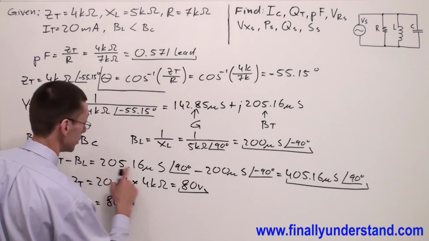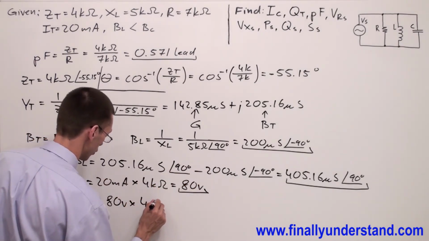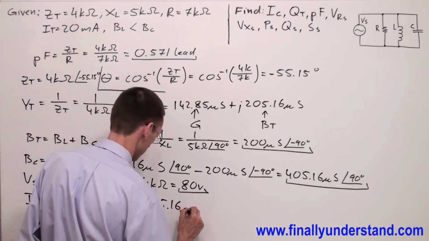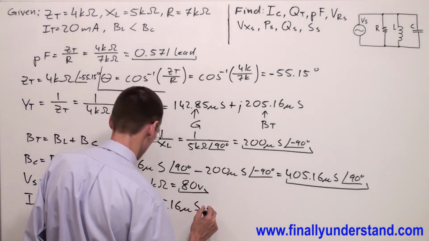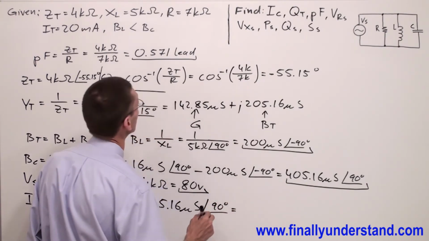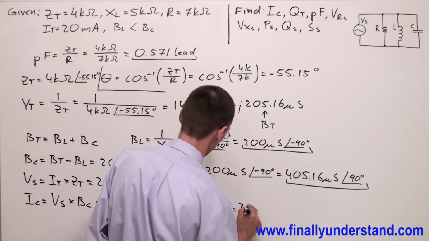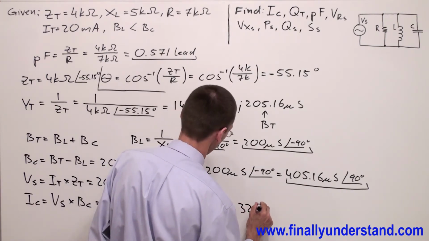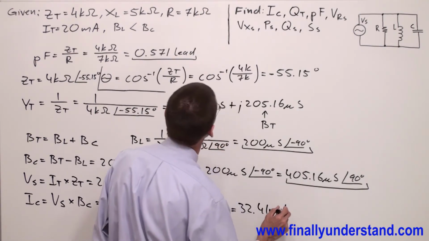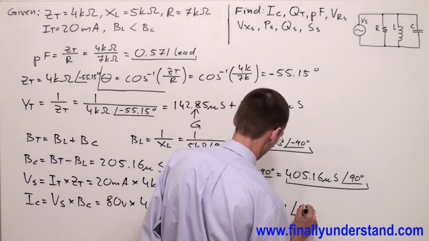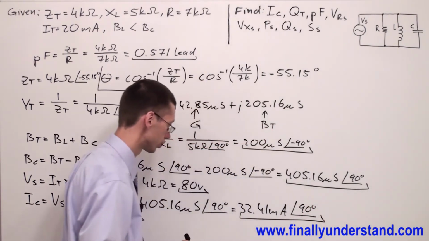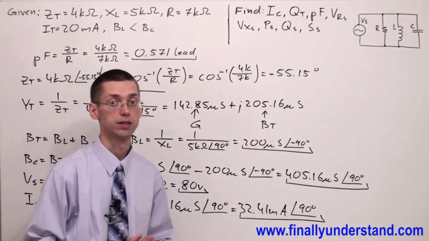We found that BC is equal to 405.16 microsiemens and angle of 90 degrees. This is equal to 32.41 milliamps and angle of 90 degrees. Okay, so this is the current which will go through the capacitor.